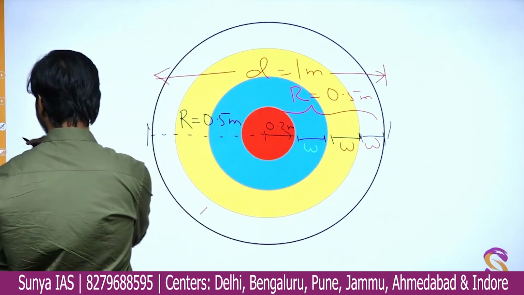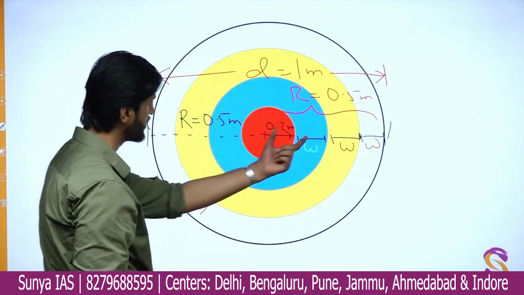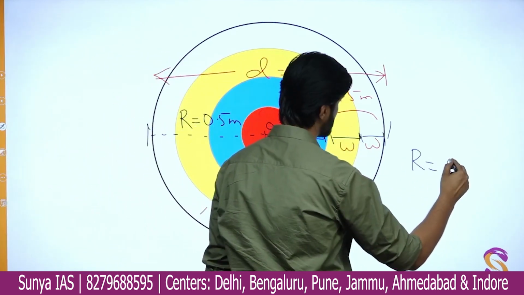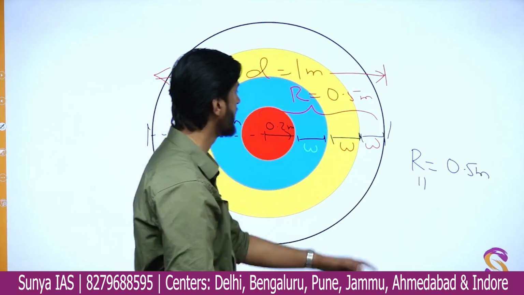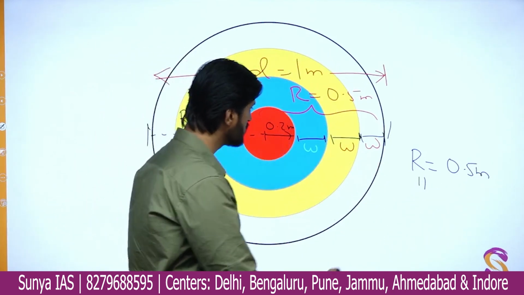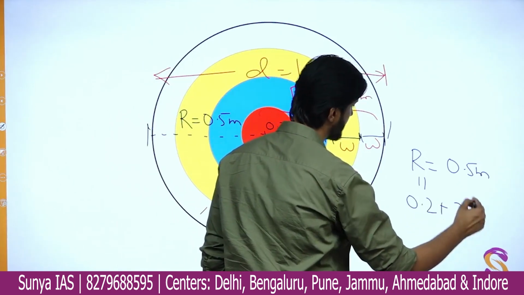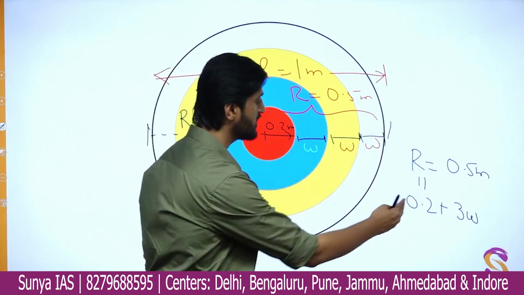Now if you have to find the width of the bands, that will be simply just equate the 2 lengths. One can say that this big radius is nothing but 0.5 meter. One can also say that this value is also equal to 0.2 plus W plus W plus W, that is 3W. So this is the same idea of writing the radius. You can equate both of them.